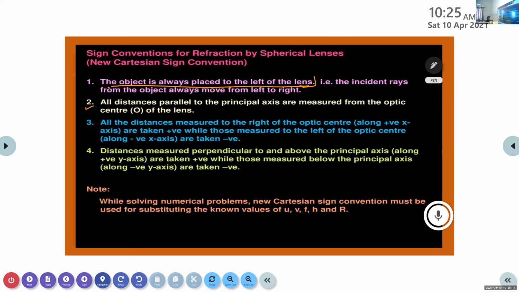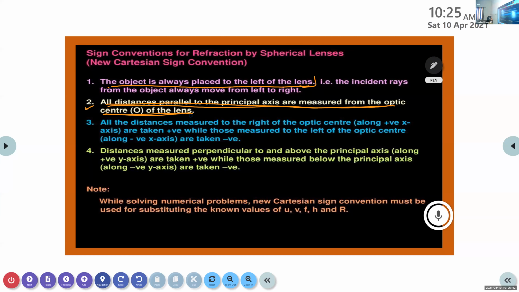The second rule is the same. All the distances parallel to the principal axis are measured from the optic center of the lens, because in the case of a lens we do not have the pole. Instead of pole, we use the term optic center.